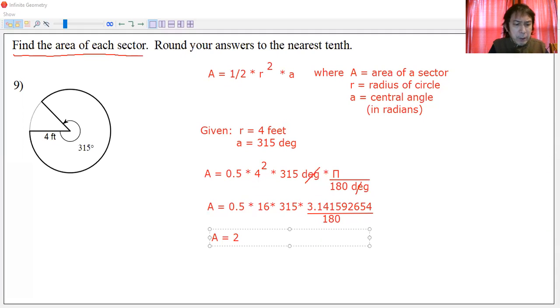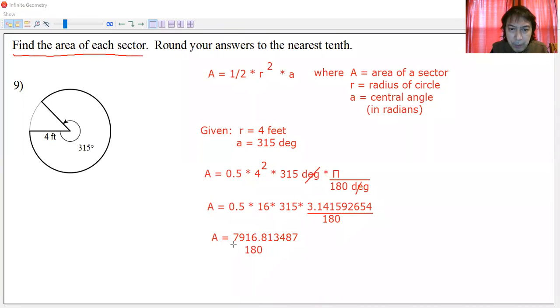Let us get the decimal equivalent. That's 7916.813487. And we shall divide this by 180.